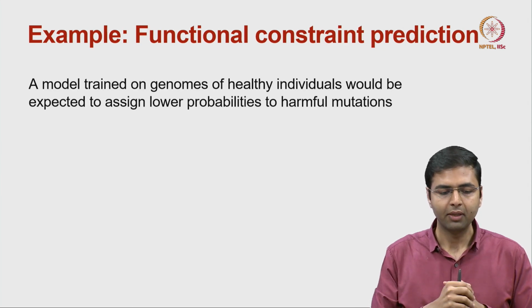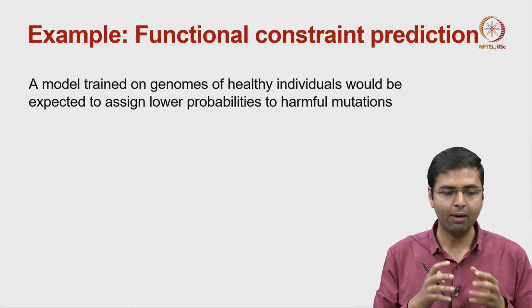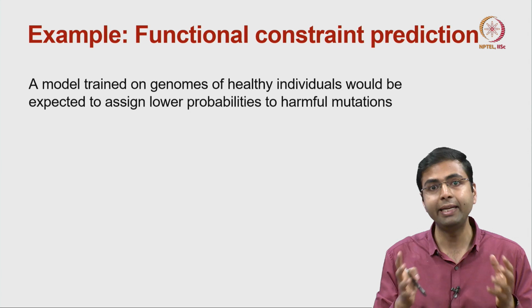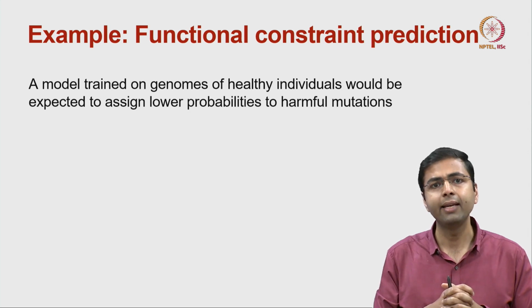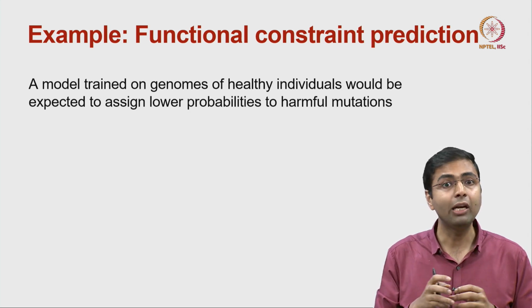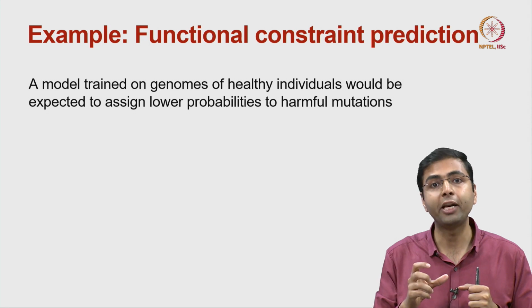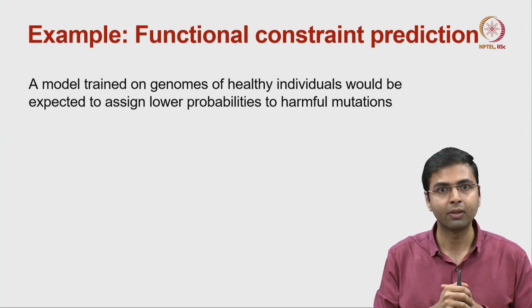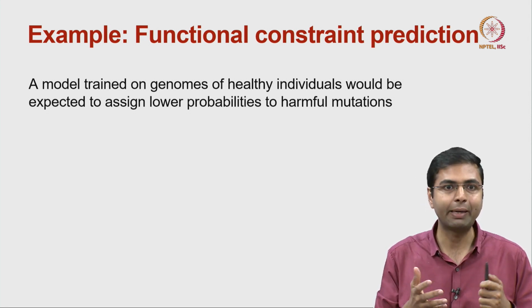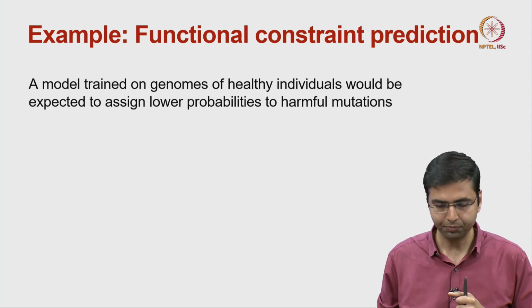So, let's just say that a model is trained on genomes of healthy individuals, then it is expected to assign lower probability to harmful mutations in the genome, right. So, that is the general expectation that we would have from the model.